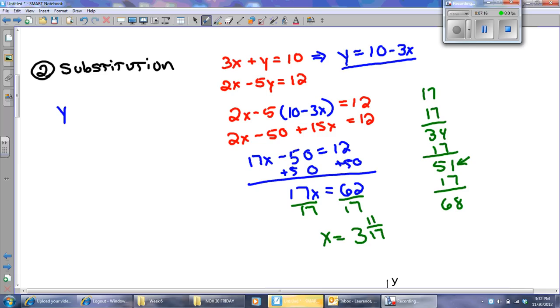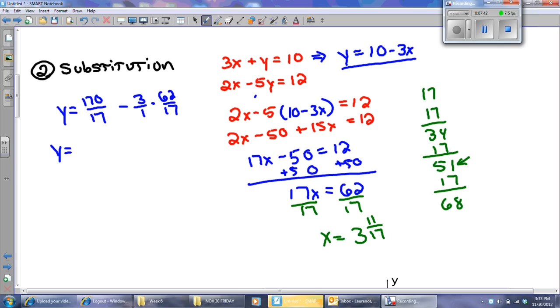So I'm going to get y equals, and I know over here I'm going to have 3 over 1 times 62 over 17. Over here I need 10, but I'm going to write it as 170 17ths. Just get a common denominator. I just thought, what's 10 with the denominator 17? 170 over 17.